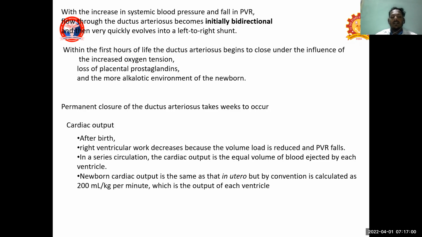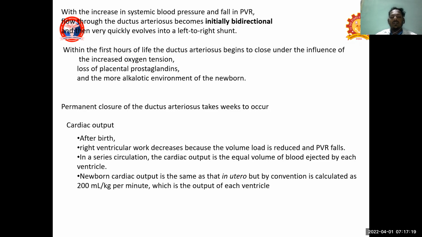After birth, the right ventricular work decreases because the volume load is reduced and the pulmonary vascular resistance falls. In a series circulation, cardiac output is the equal volume of blood ejected by each ventricle.